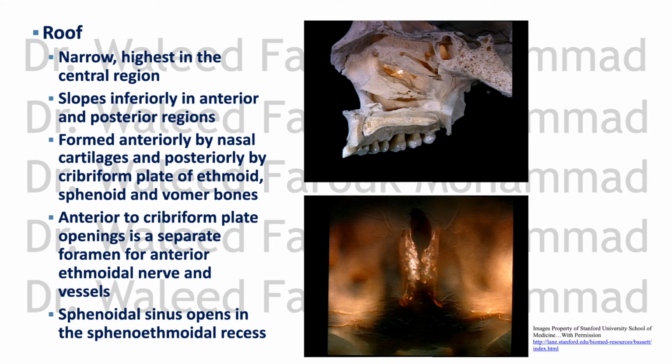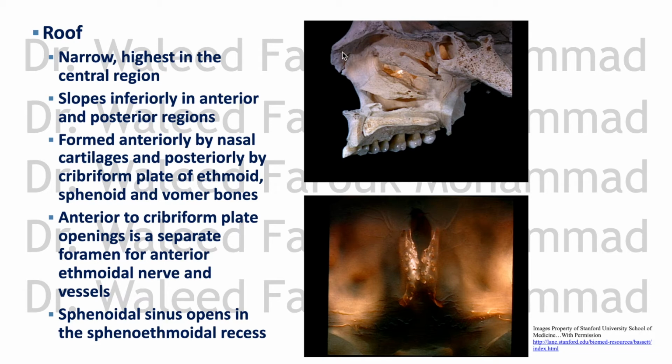Okay, the roof. The roof of the nose, as you can see, is big, but cavity-wise it's narrow. It slopes inferiorly at the front and at the back, and in the middle we have the cribriform plate of the ethmoid.